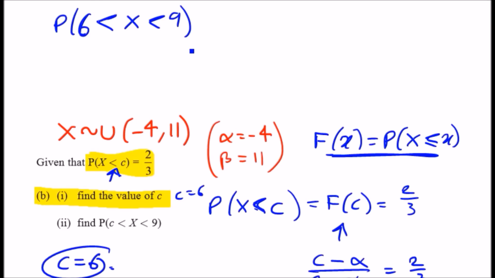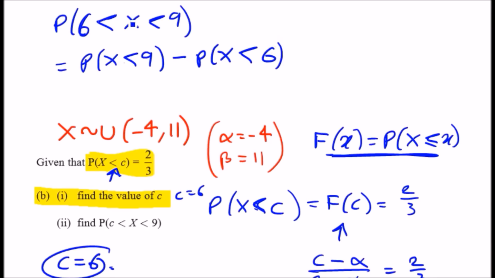It could be written as the probability X is less than or equal to 9 minus the probability X is less than or equal to 6, so all the values up to 9 minus all the values up until 6. The reason we choose 6 and not 5 is because it's continuous, it includes 6 and bits of 6. We just want all the values just below 6, literally. But again, continuous doesn't really measure single points. It measures a range of values. That's why we use it.